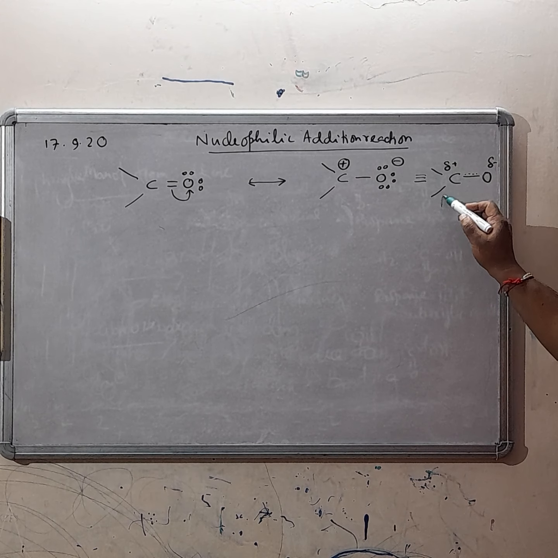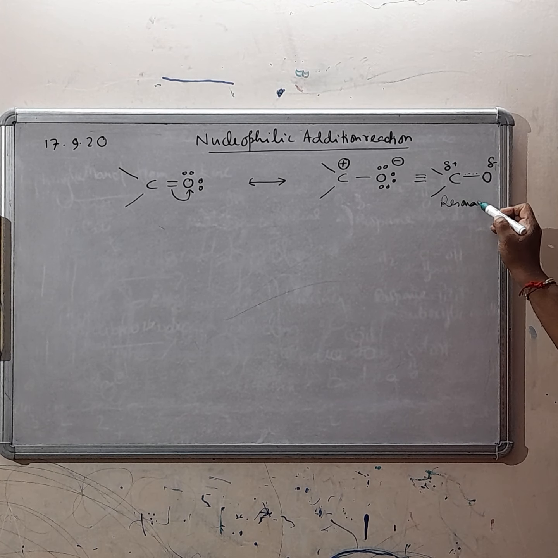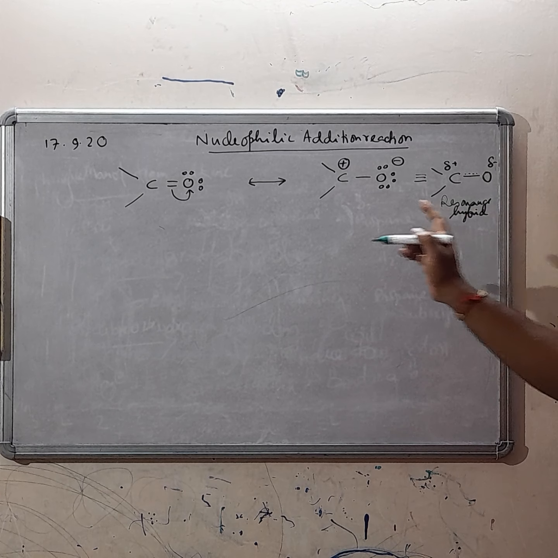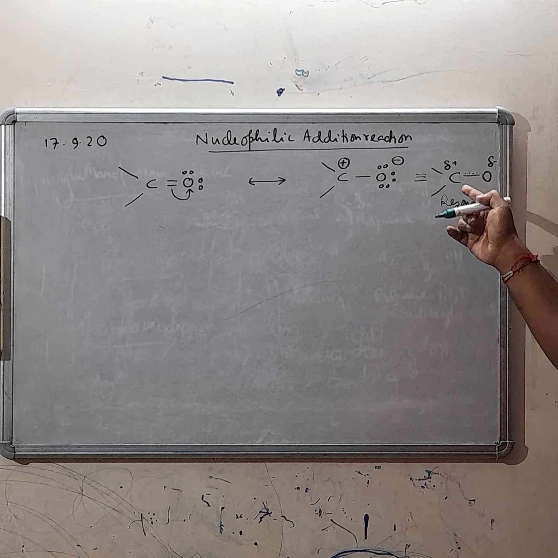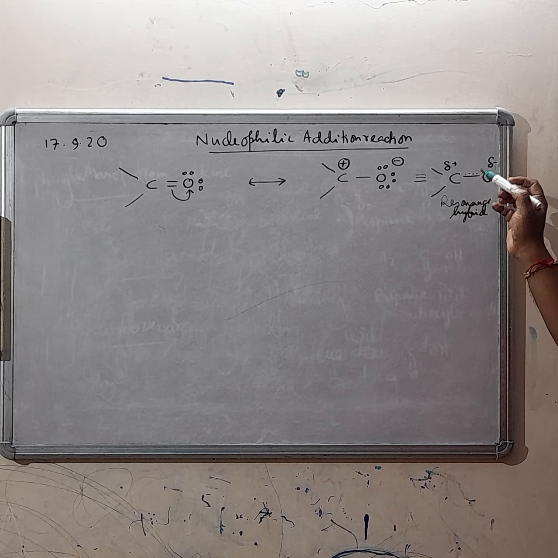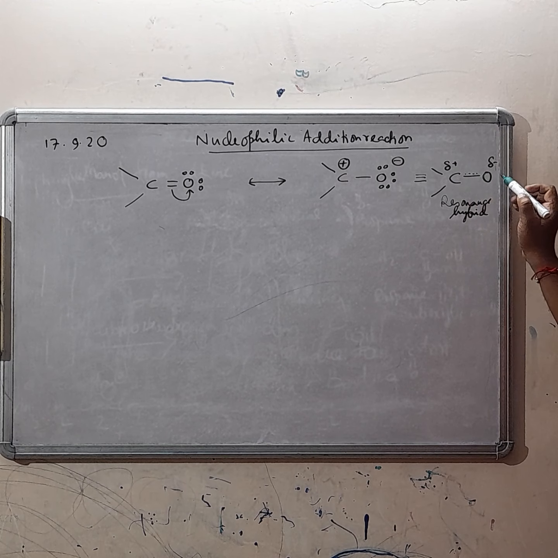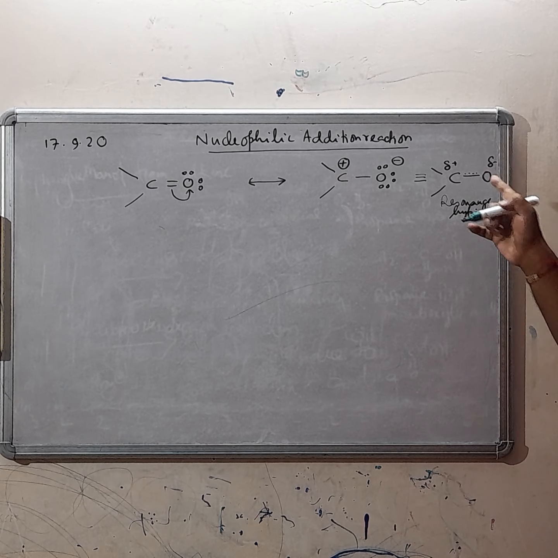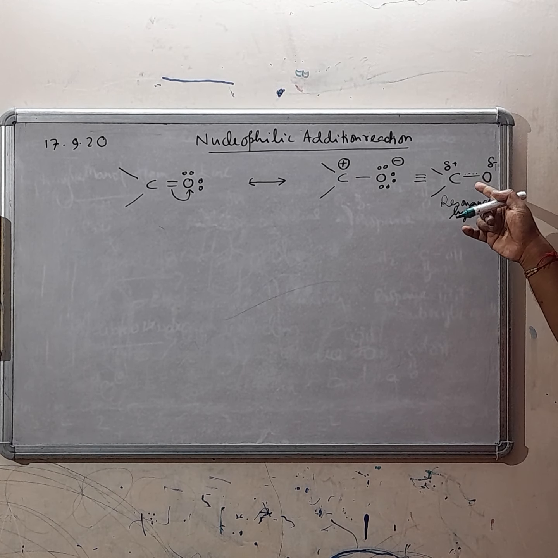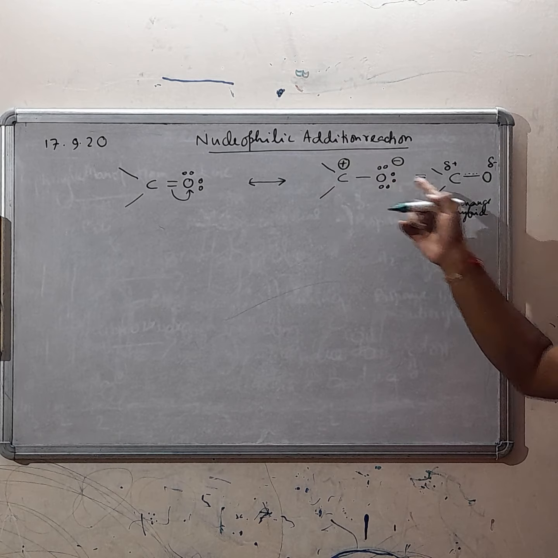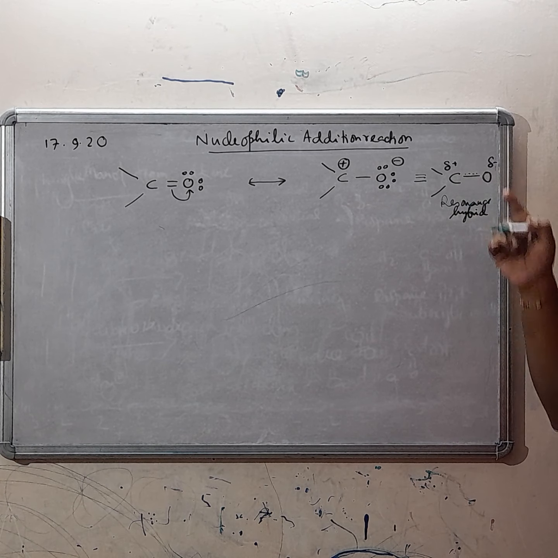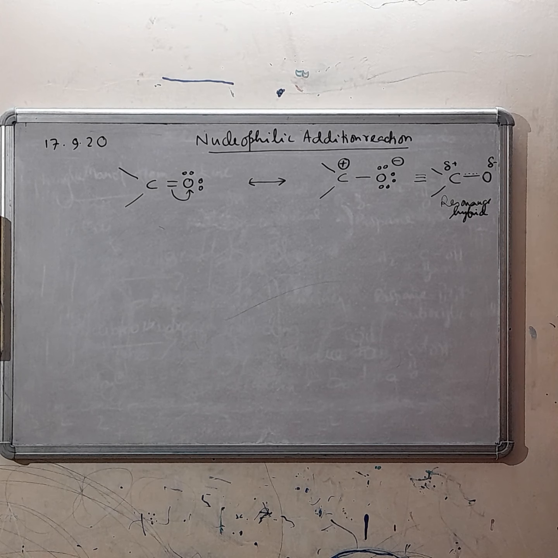This resonance hybrid shows that the carbonyl group is polar in nature, with positive charge on carbon and negative charge on oxygen. You need to remember this, because the nucleophilic addition reaction is due to this polar nature of the carbonyl group.